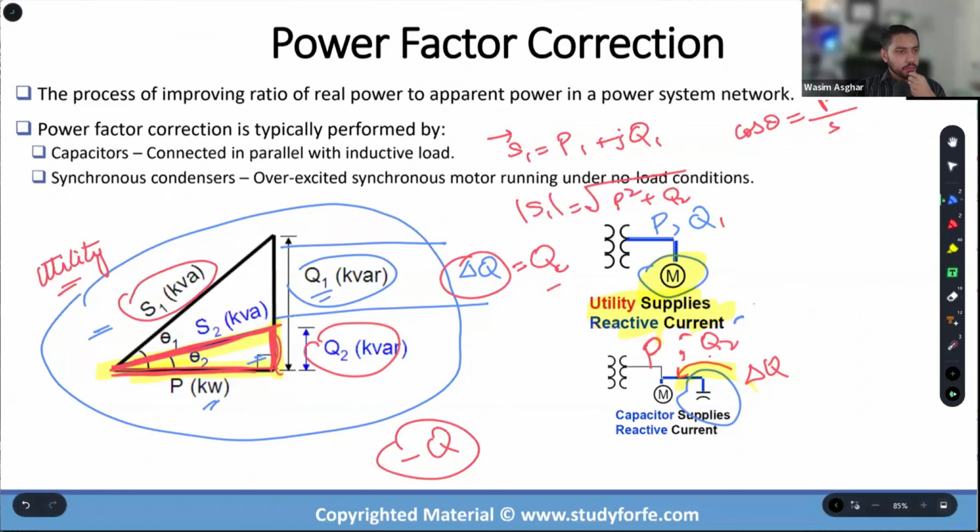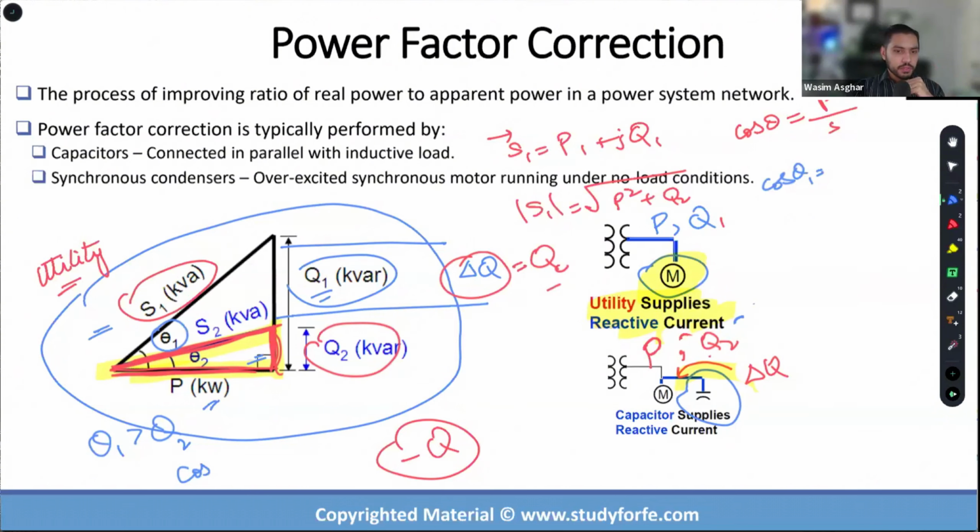Now, how does this help? Well, it helps because you can see that theta 1 was larger than theta 2. Okay. And power factor, now if you want to work with the numbers, right? Cosine of theta 1, theta being large, let's say theta is 90. This is going to result in a good power factor or bad power factor?